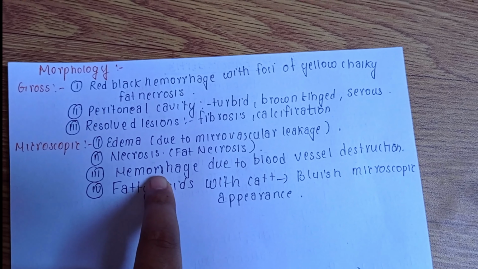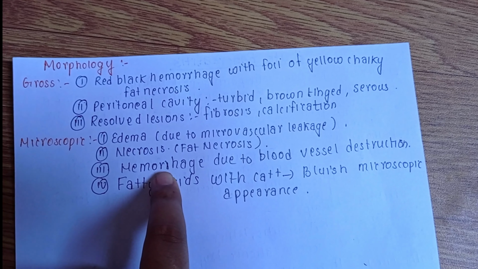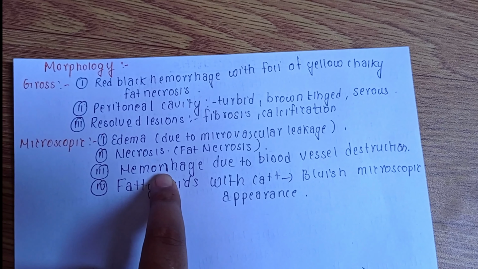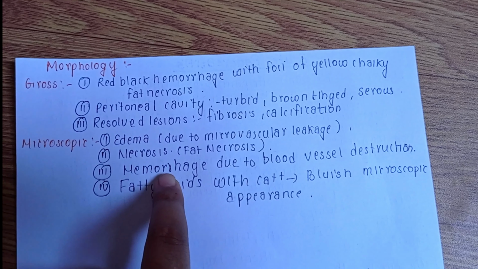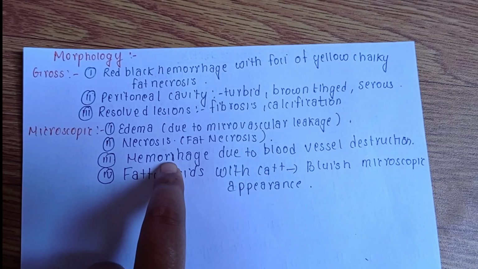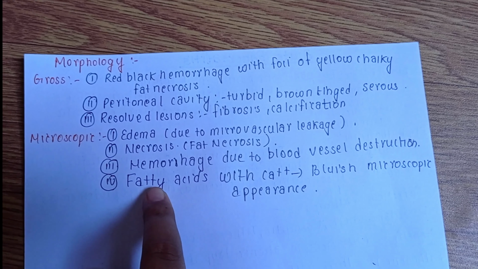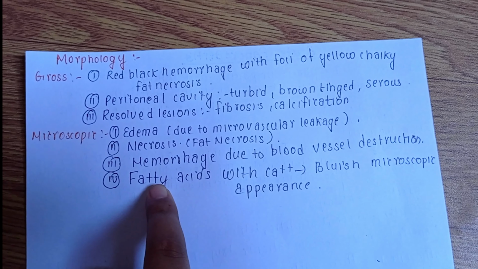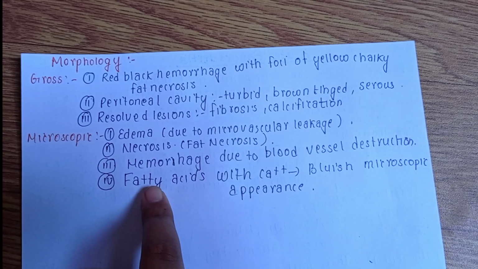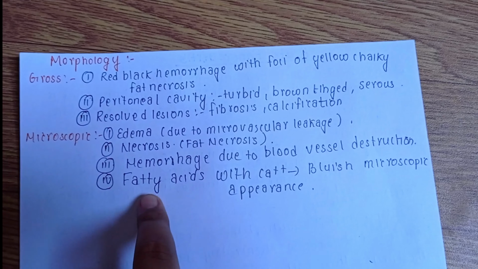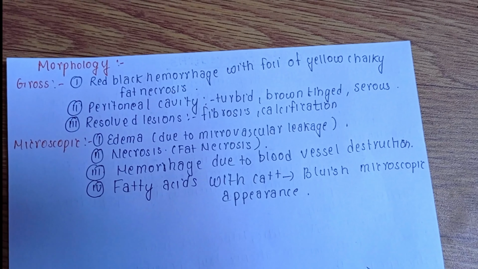And then there is hemorrhage due to blood vessel destruction. So we can see the blood vessel destruction in acute pancreatitis. Similarly, there are fatty acids with the presence of calcium, so it shows a bluish microscopic appearance. Thank you.